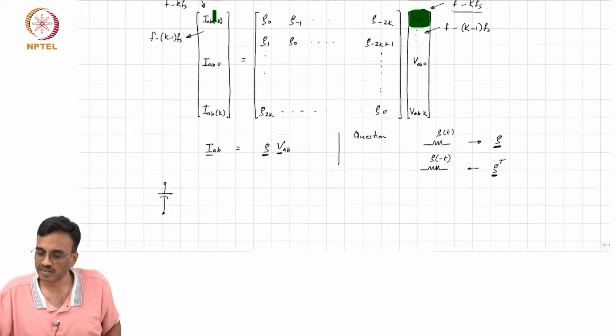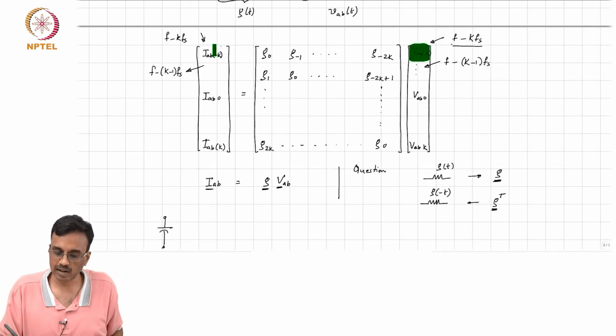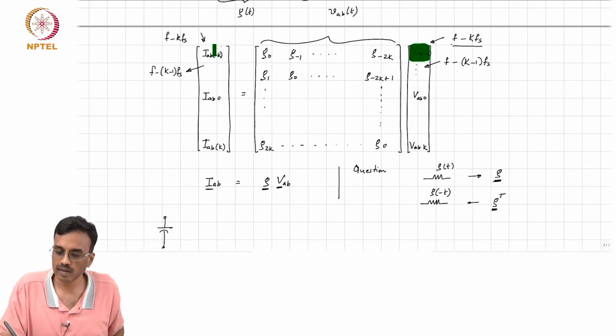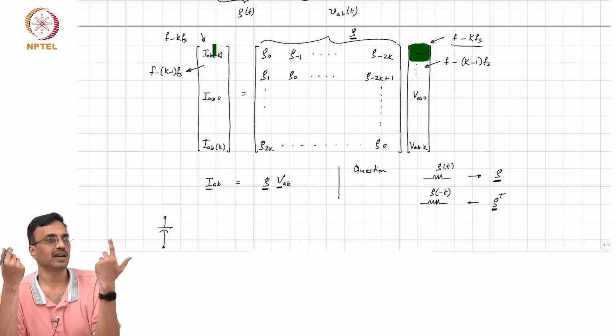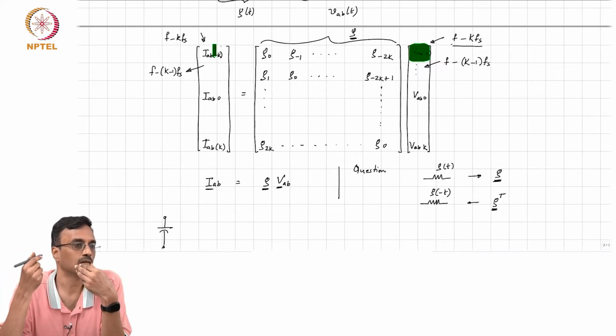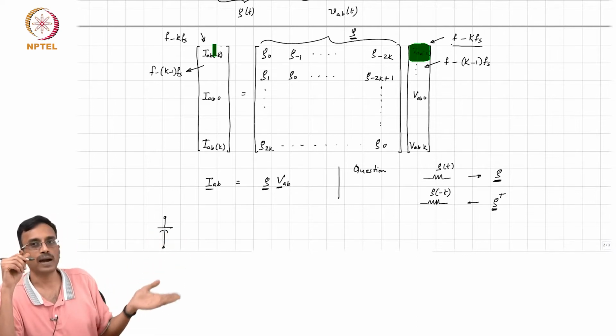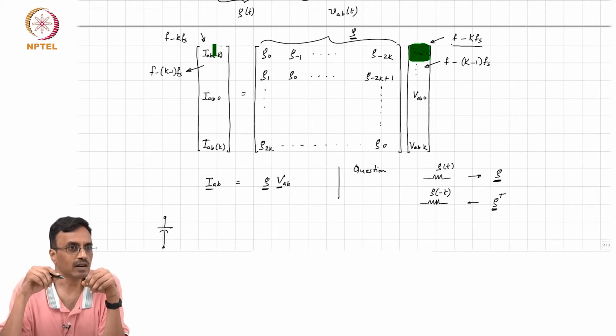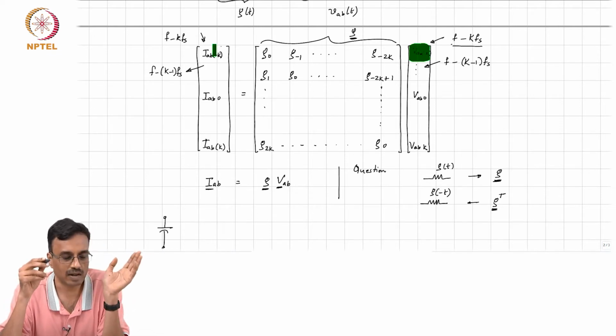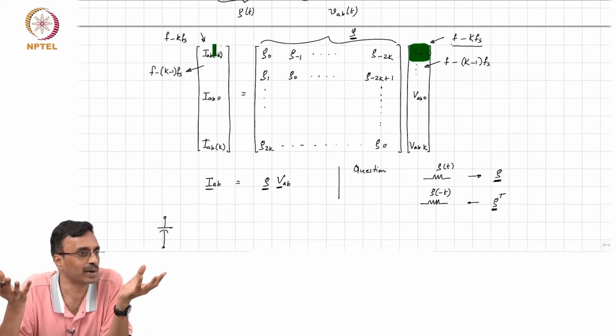And by the way, a sanity check for this conductance matrix is, what is a sanity check? Exactly. If you had a time invariant resistor, just because the network is time varying doesn't mean all resistors will be time varying.